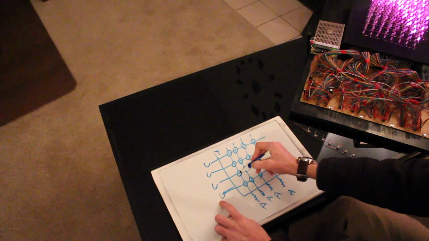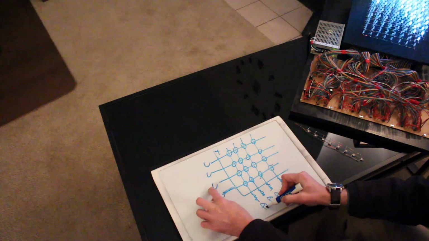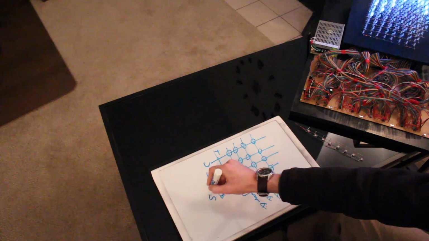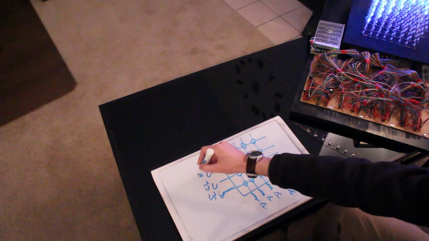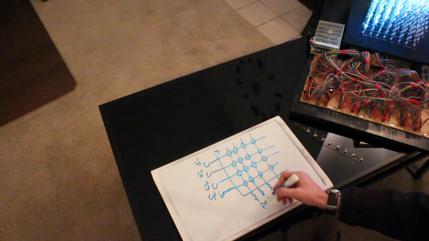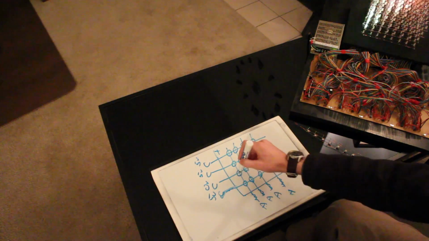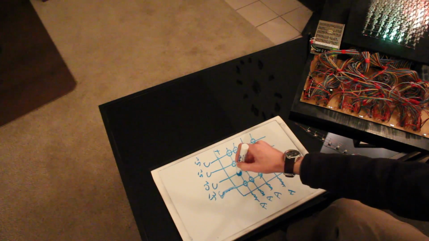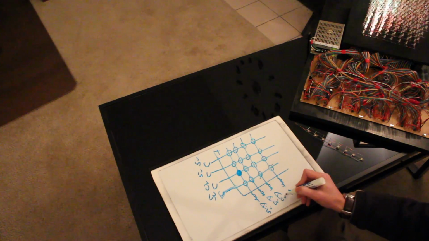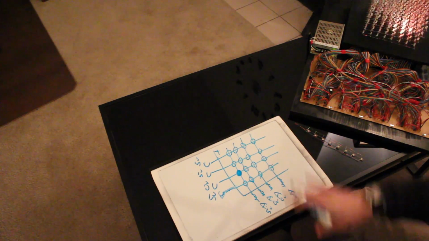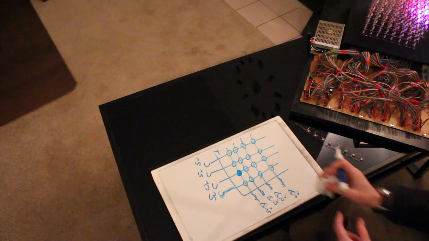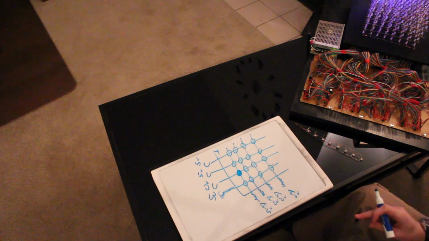If you want to make this one light up, you make this 5 volts, this one low, and then you just make these other pins opposite, so it would be like 5 volts, 0 volts, 5 volts, 5 volts on your cathodes. And then on your anodes, it's the opposite. So if you wanted to light up this LED here, this would then go to 5 volts. These are all still at 0 volts. So you just kind of digital write high, low to light up the different LEDs. So that's how you light up all the LEDs.